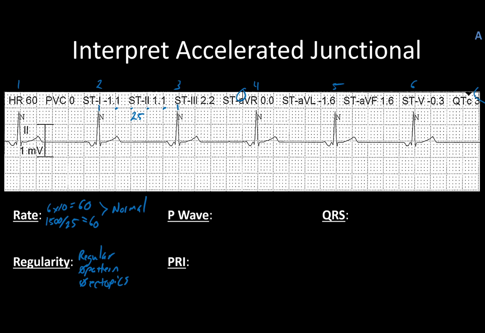What do our P waves look like? Well, they are in fact inverted. Inverted before the QRS.